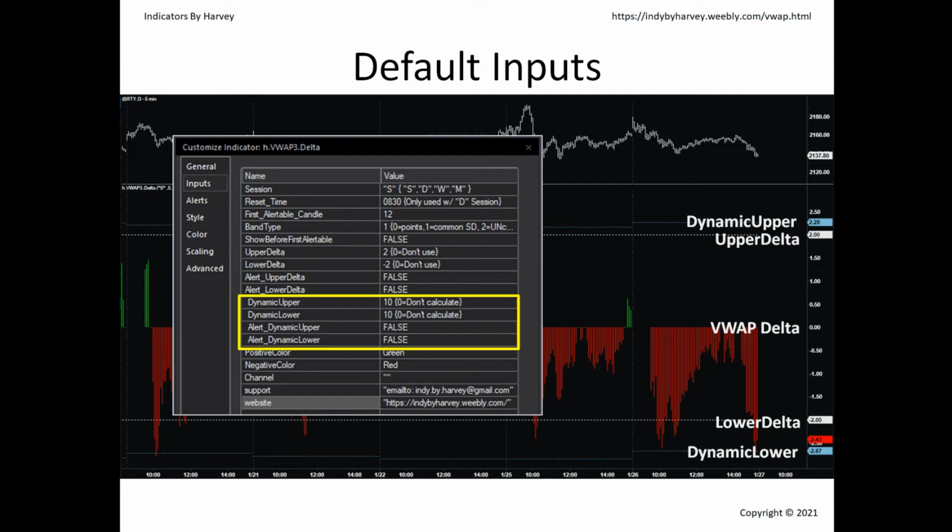Dynamic upper and dynamic lower controls the number of previous sessions that the indicator looks at to calculate and analyze what today's maximum deviation may be, and you as a trader can set the indicator to alert on that or not.